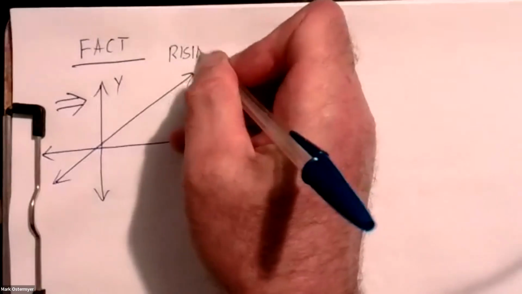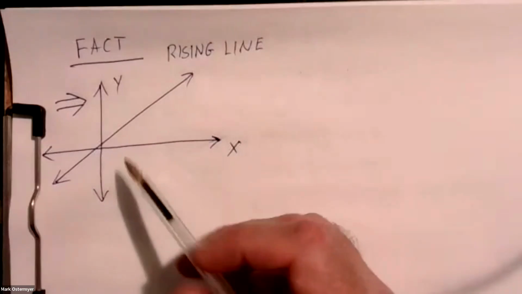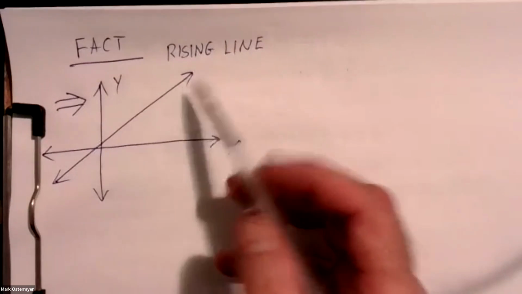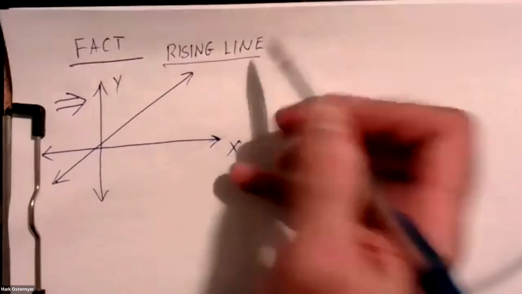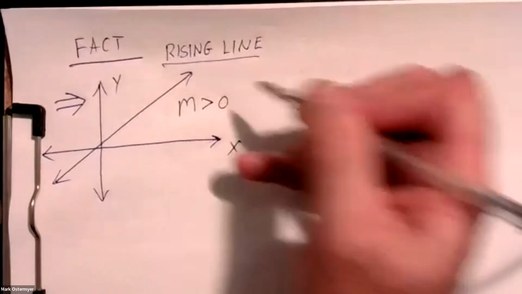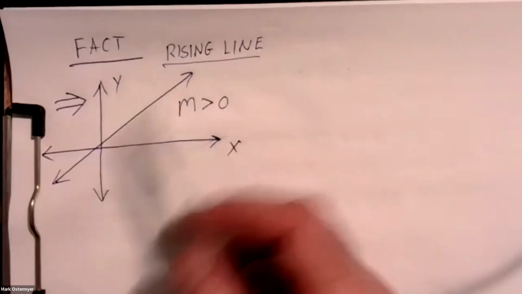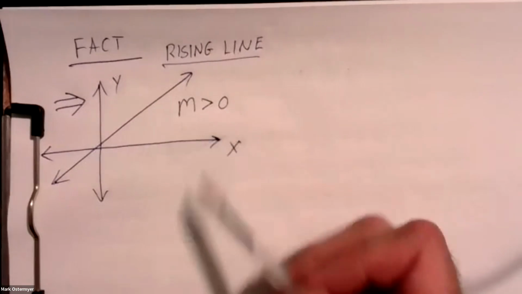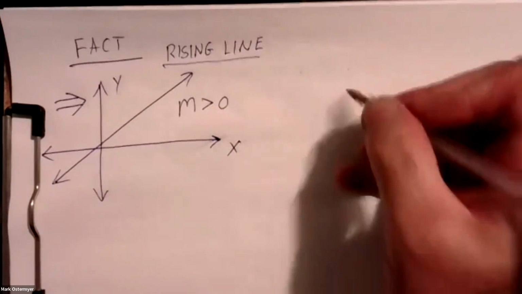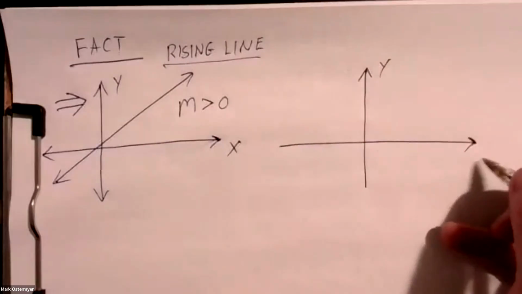So any linear function or equation that has this type of graph, oriented this way, we say is a rising line. And it's a well-known fact, ladies and gentlemen, that rising lines always have positive slopes. So the slope of a line that would be oriented this way better have a positive slope. That's always the case.